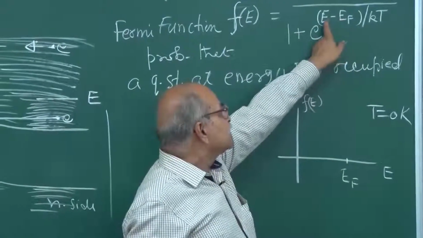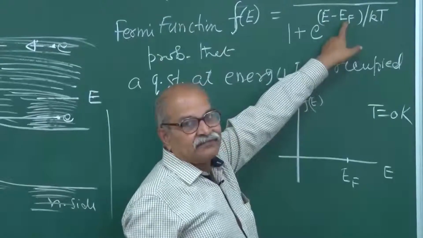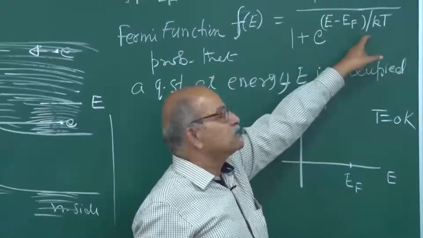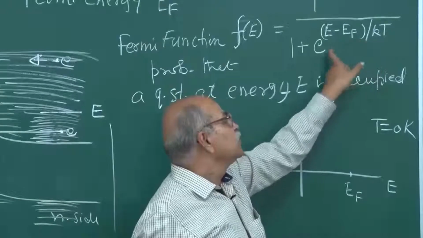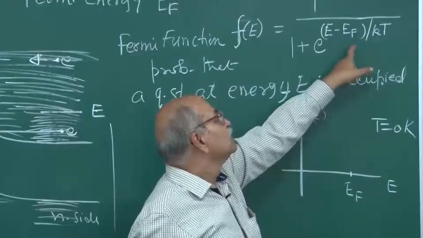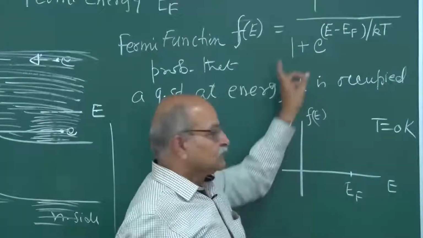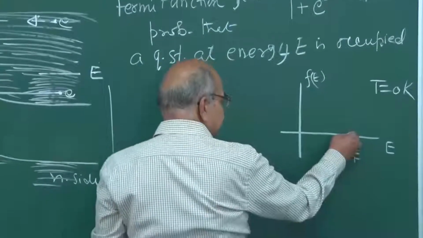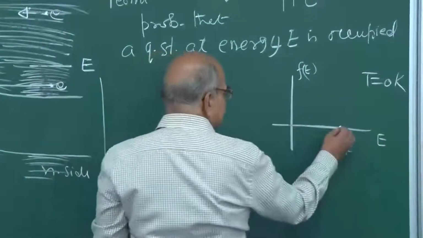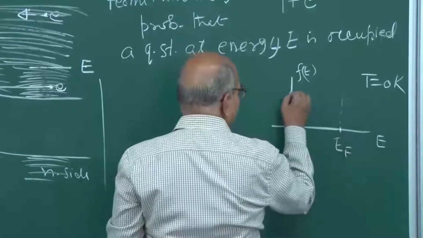And if E is less than EF, it will be e to the power minus infinity, which is 0, so this function will be 1. So for all energies less than EF, this function will be 1.